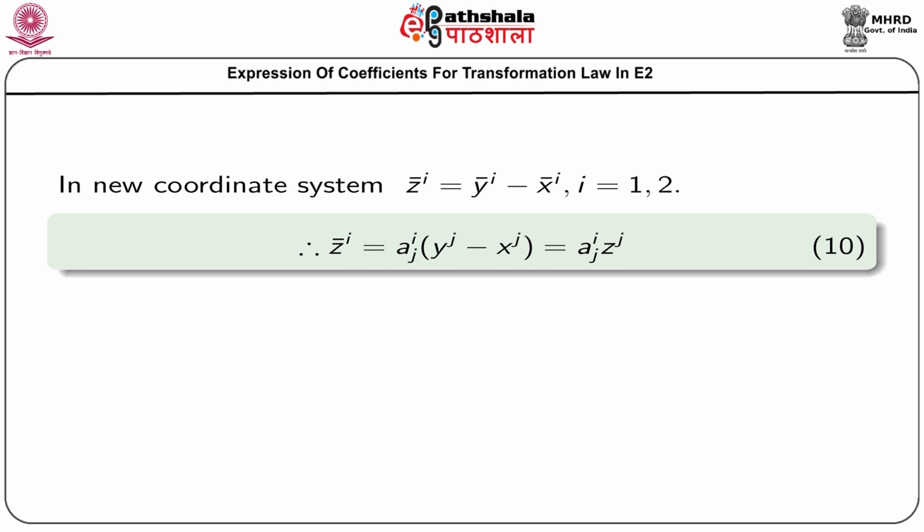Which can be expressed in the form z̄^i equals a^i_j (y^j minus x^j), and which can be expressed as a^i_j z^j.